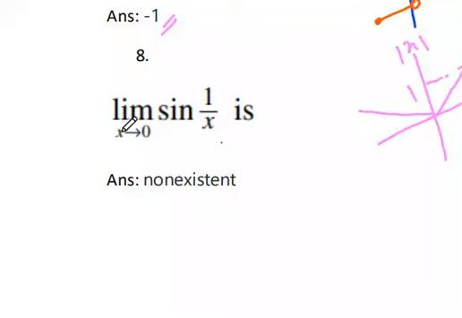If x approaches 0 from the left hand side, this would be negative infinity. If x approaches 0 from the right hand side, this would be positive infinity. So therefore the limit of the sine function does not exist. That's why the limit is not existent.